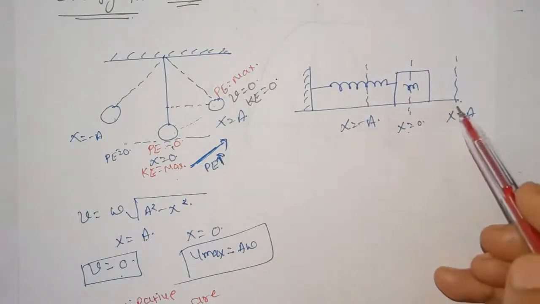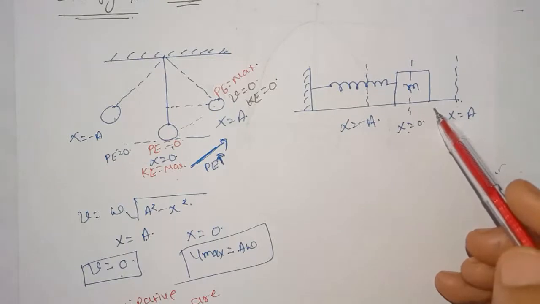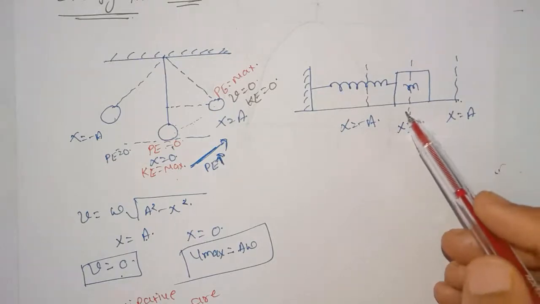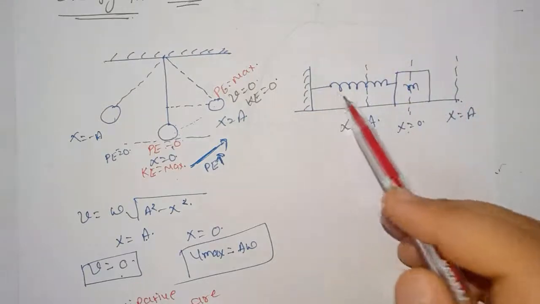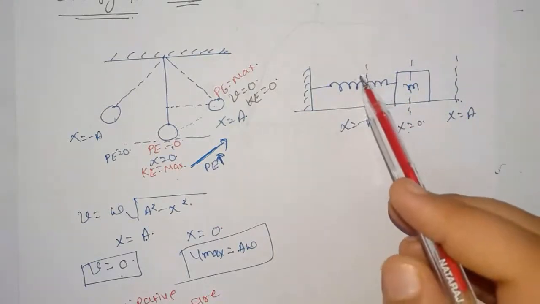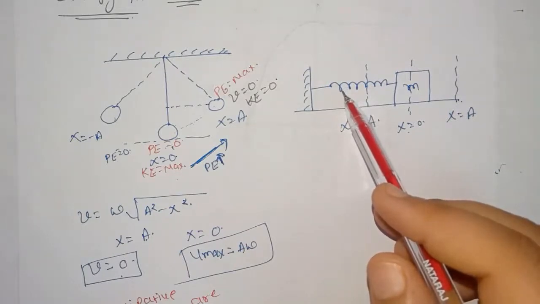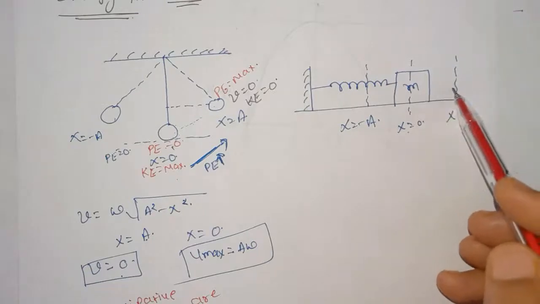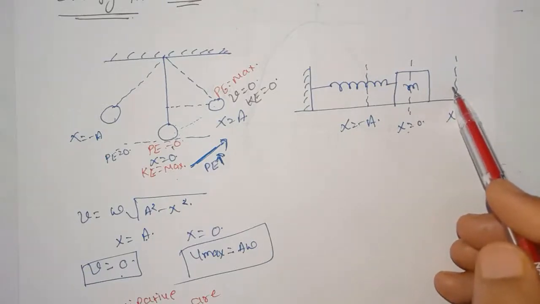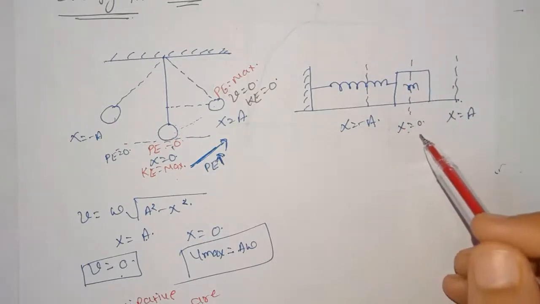When we stretch it by distance a, then there will be restoring force in this spring, and due to that restoring force there will be some elastic potential energy. So as we increase the elongation, the elastic potential energy will increase and the kinetic energy of the block will decrease.